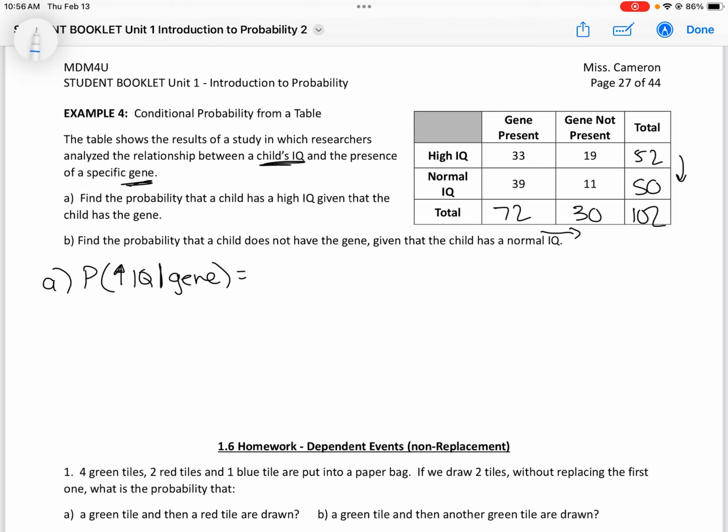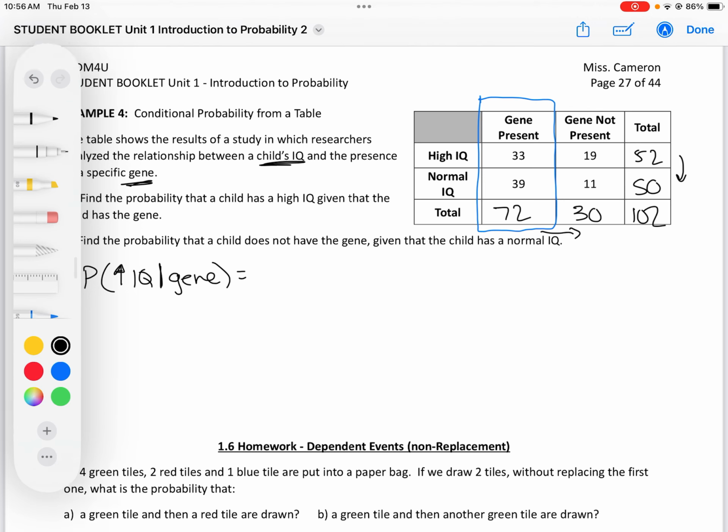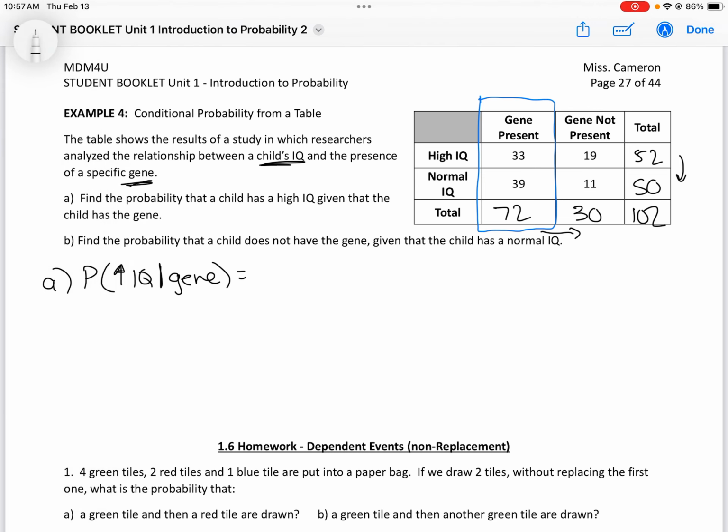If we're given that the gene is present, I'm going to focus on this blue section. Every other person in this study we can completely disregard. We are now just going to focus on the gene being present. That's out of 72 people. Now what's the probability that they have a high IQ? Well, you just have to read that. It's 33, so 33 out of 72.